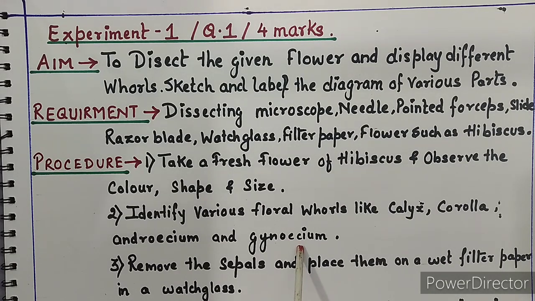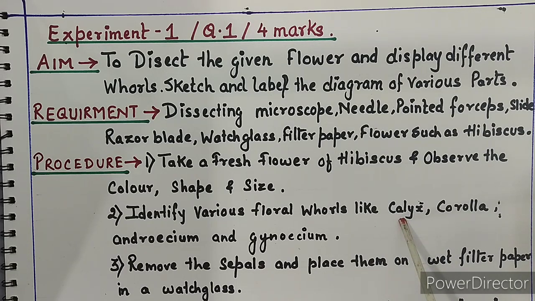Now, after identifying and observing the flower, we have to proceed with the dissection. So, the third step is you have to remove the sepals. You know, children, that sepals are the members of the first whorl of the flower, called calyx.